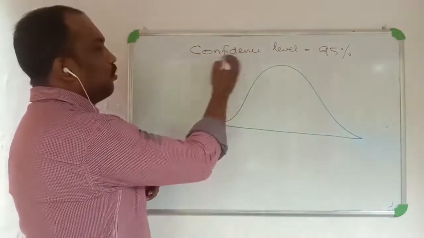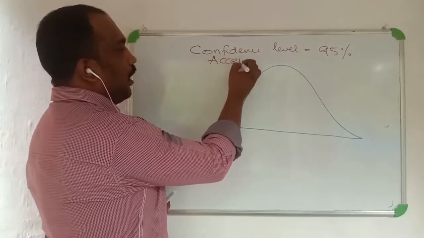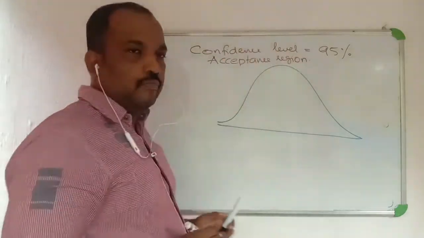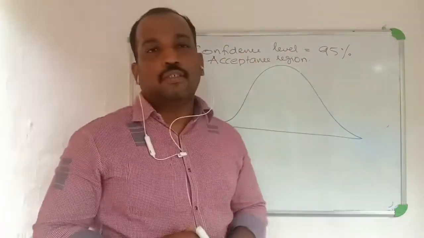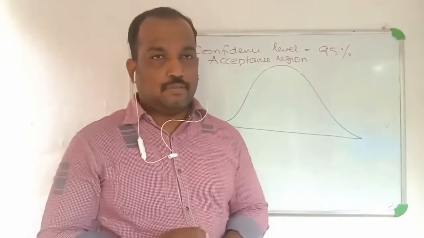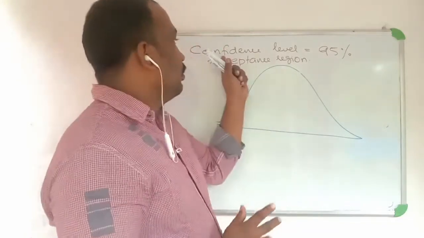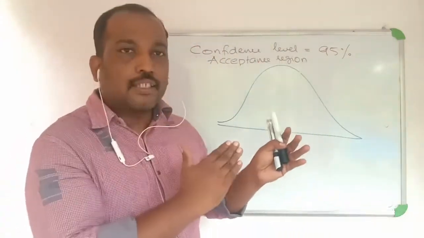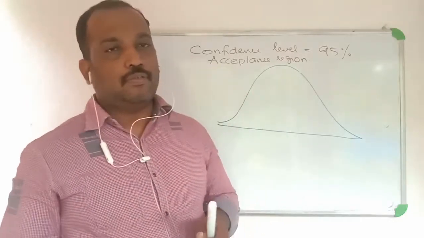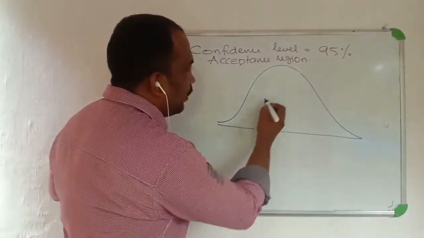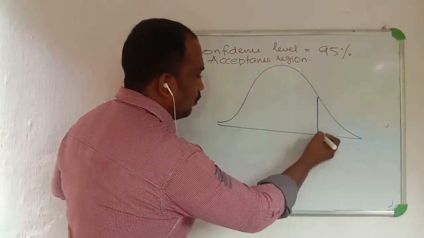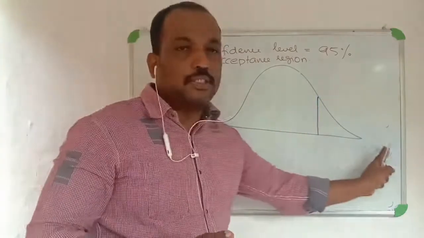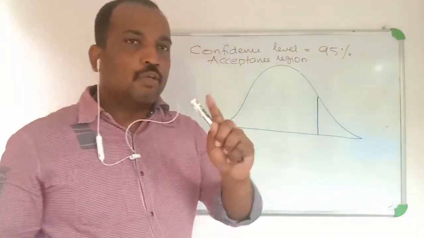This confidence level is also named the acceptance region, the region which can be accepted. With a 95% confidence level, whatever comes within this 95% region, you can accept it. Think of this as 100%, because you know the total probability is always 1.